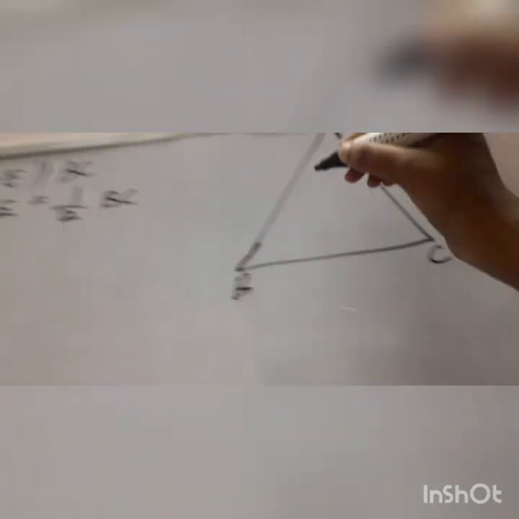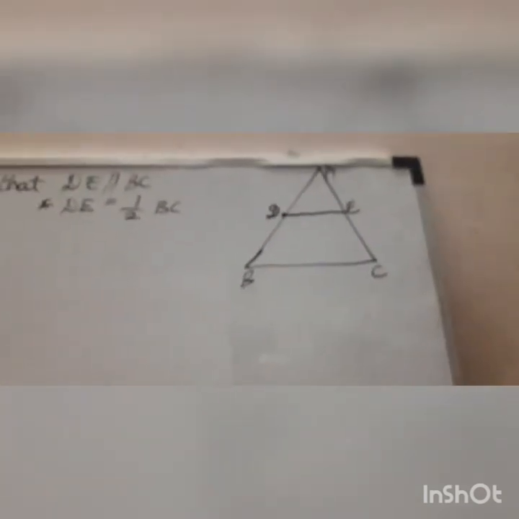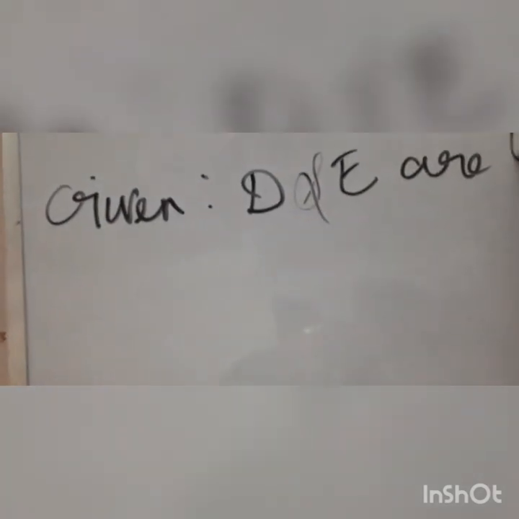The triangle A, and here B and C, the midpoints D and E. First, what they have given is D and E are the midpoints of AB and AC. So they have given that.